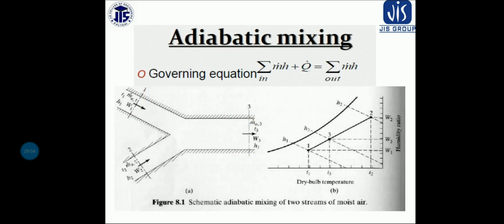H3 is the enthalpy at point 3, as also shown in the figure, minus H2, the enthalpy at point 2. H1 is the enthalpy at section 1, and H3 is the enthalpy at section 3. By this formula we can find the ratio of the mass flow rates at point 1 and point 2.